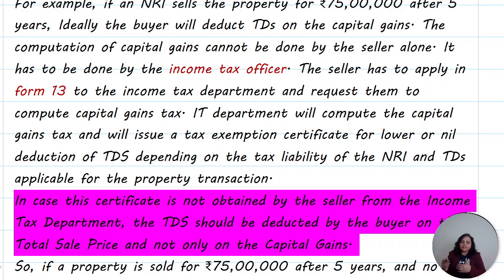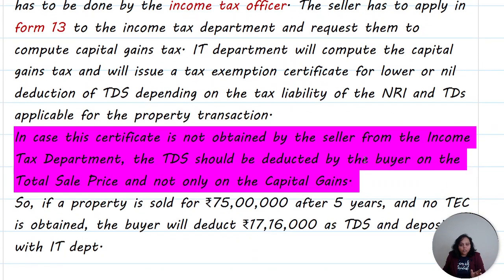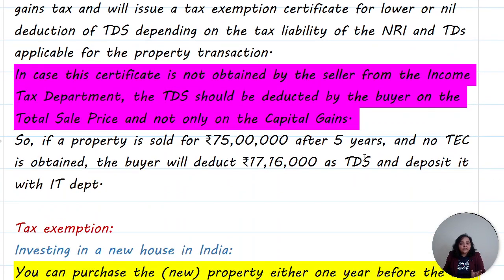So, in case the certificate is not procured, the buyer will deduct TDS on the whole of the sale value. So, if a property of 75 lakh rupees is sold, the buyer will deduct TDS on 75 lakh rupees if this certificate is not procured from the income tax department.